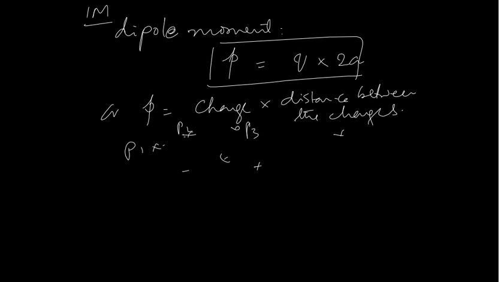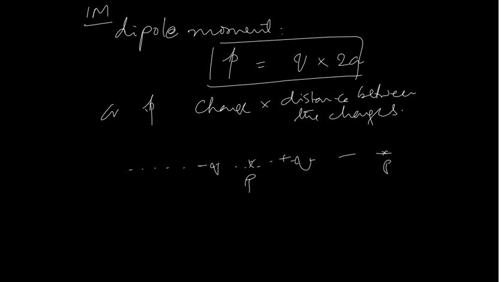Okay, so in a simple form, if you have an electric dipole with a plus q and minus q, we just want to see, if I keep a point P anywhere on this line, how much would be the electric field at any point on this line?